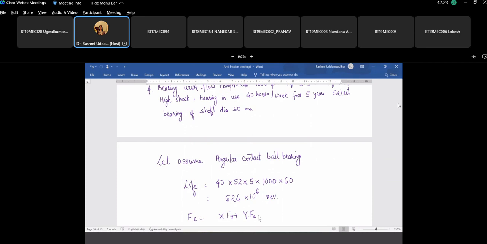And the meaning of this series and the load carrying capacity, everything is given in the tables. What is the value of FA by FR we are getting here? What is FA by FR? 0.6.